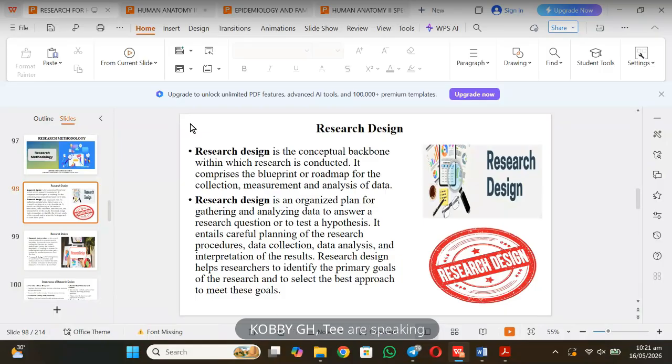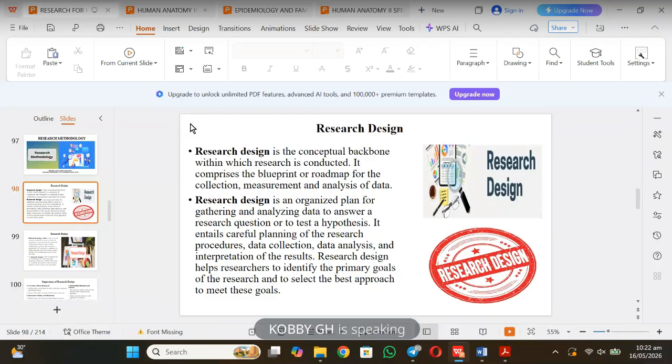So anytime one of your research objectives is to measure experiences, the best design to use is qualitative. Now, even if you want to understand human behavior, the best design to use is qualitative. Human behavior. The best design to use is what? Qualitative.